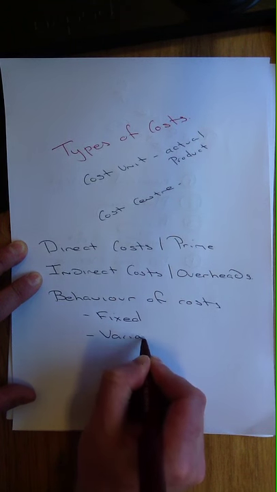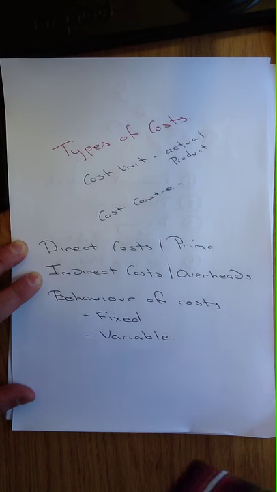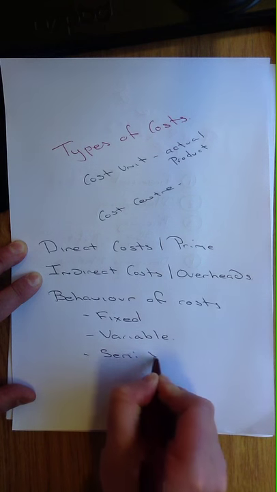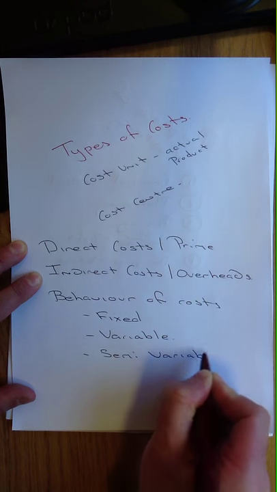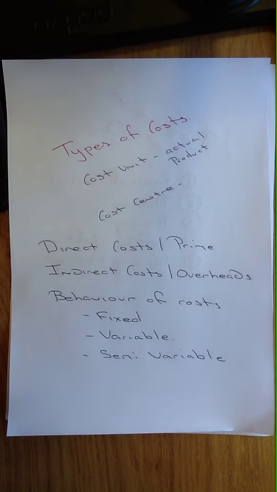Variable costs are those costs which vary directly with production. So when the business produces more, these costs go up. For example, materials. And some costs are semi-variable. For example, the telephone bill. The telephone expenses have a fixed element, for example, the line rental, and a variable element, for example, the usage of calls.